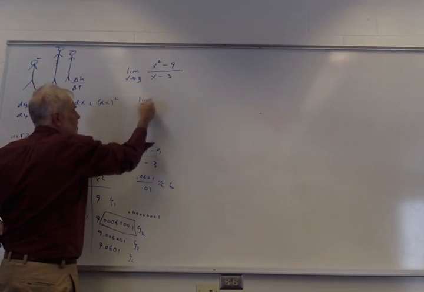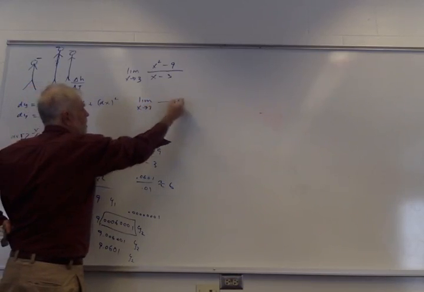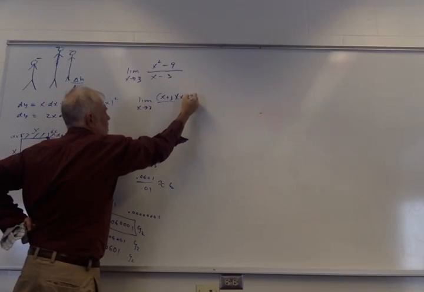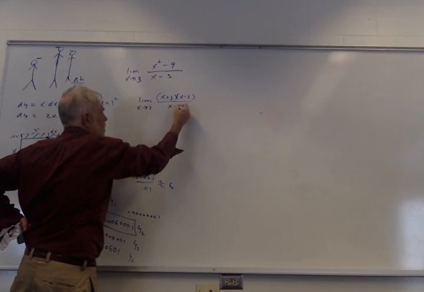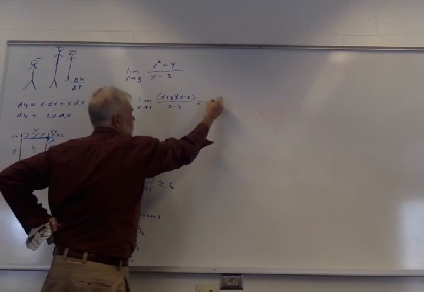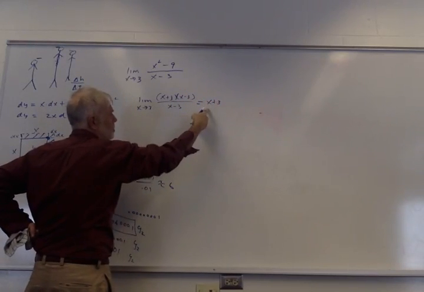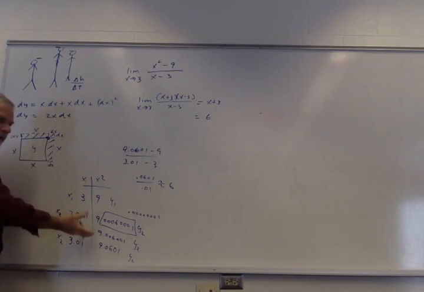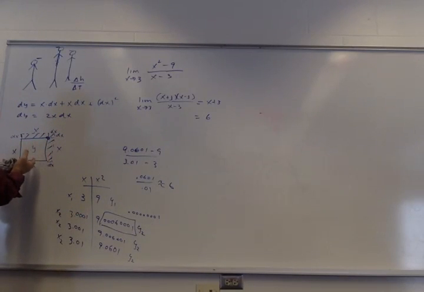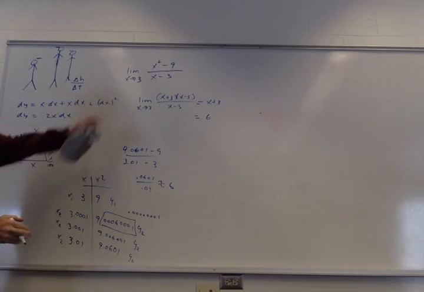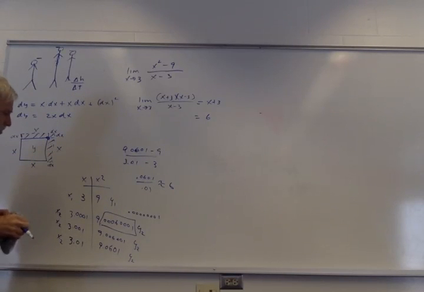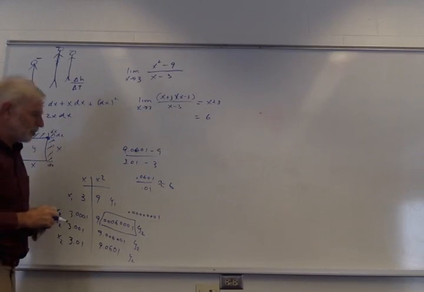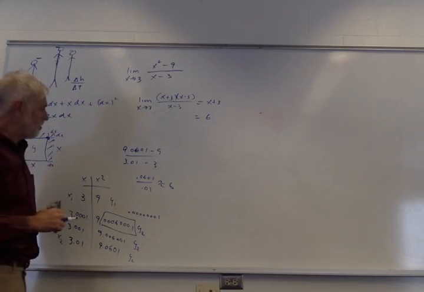So we can look at that limit as x approaches 3 of x plus 3 times x minus 3 over x minus 3, which is equal to x plus 3. The limit as x goes to 3, we can see is 6. And we've kind of proven that numerically. We've kind of proven it geometrically. And now we're using a limit to show it as well, which is more of a formal definition of a derivative. We'll be talking about that quite a bit this semester.